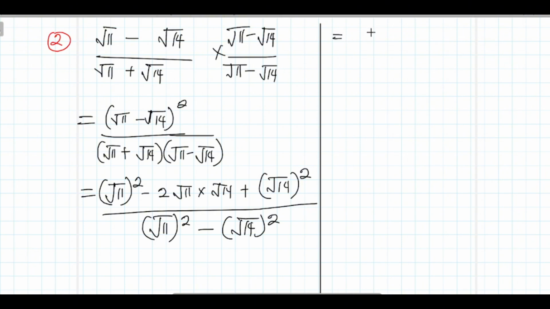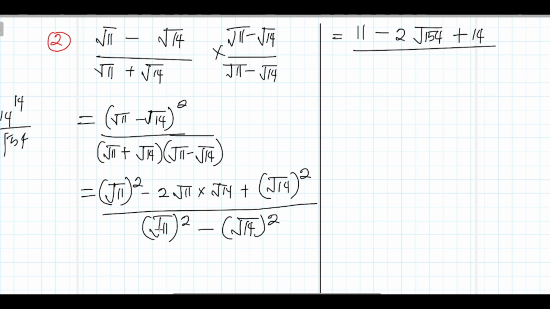So square root of 11 squared, we have 11, minus 2 times square root of 11 times 14. So we need to multiply 11 and 14. So that's 154. So minus 2 square root of 154. Square root of 14 squared, that will be 14.